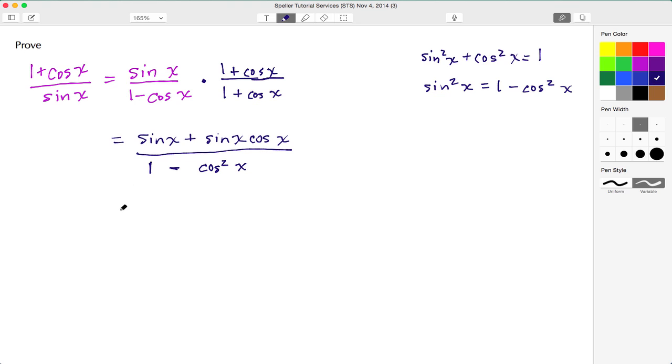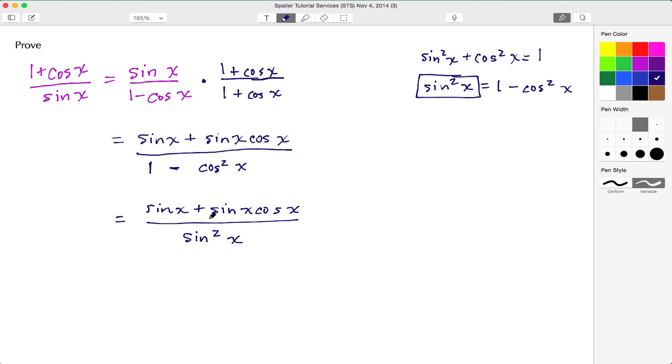Now that I have that in place, let's continue. This numerator stays the same, sine x plus sine x cosine x. And now for the denominator, I have 1 minus cosine squared x. I see that can be interchanged with sine squared x, so here I place in the sine squared x.